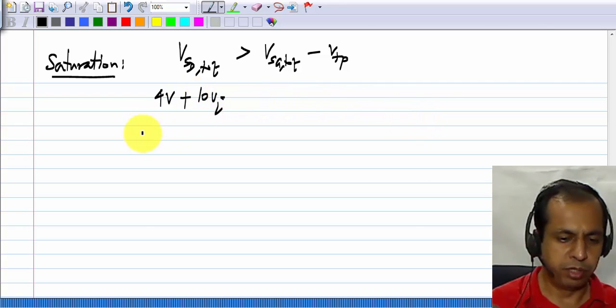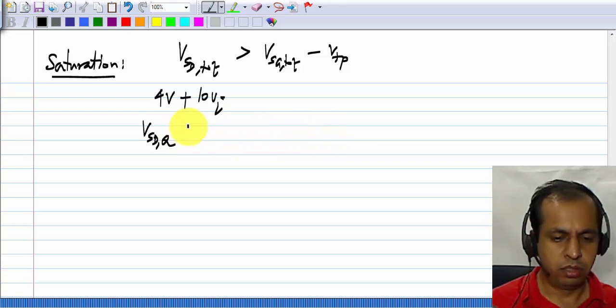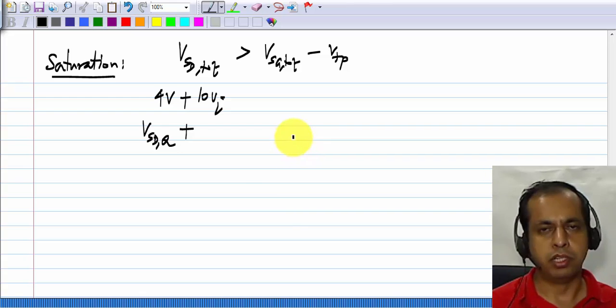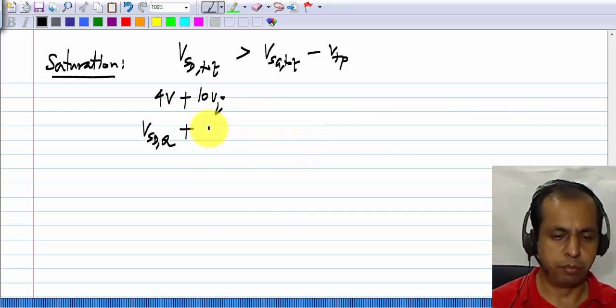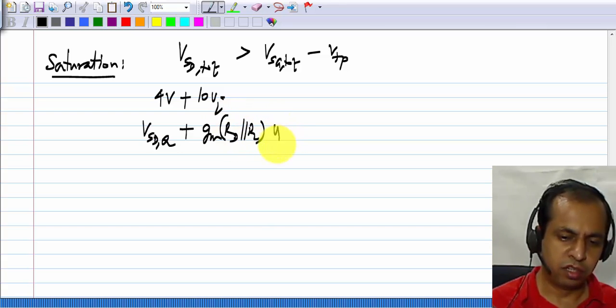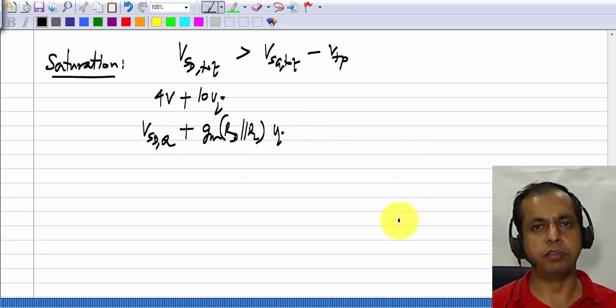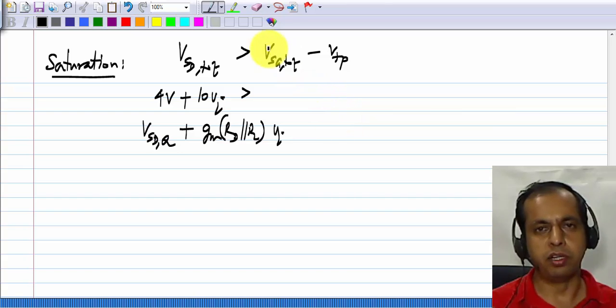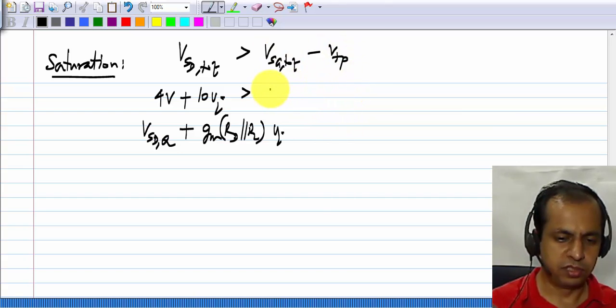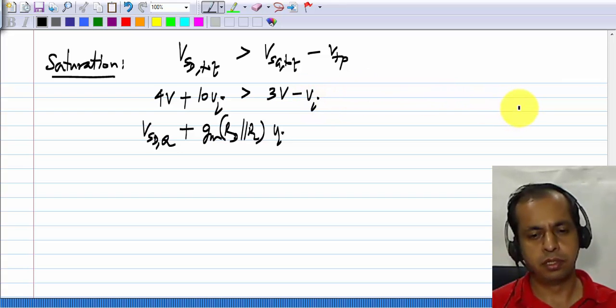In general it will be VSD at the operating point, I'll write it as Q for quiescent point, plus the gain of the amplifier, GM times RD parallel RL times Vi, and if you have some RS, you also have to include the division between RS and R1 parallel R2. This has to be greater than VSG total, which is 3 volts minus Vi in this case.